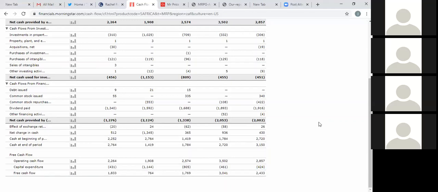Johan is asking, what does it mean when the expenditure is decreasing compared with previous years? So you see, in 2016 they spent 1,144. It means that this year Mr. Price was aggressive.